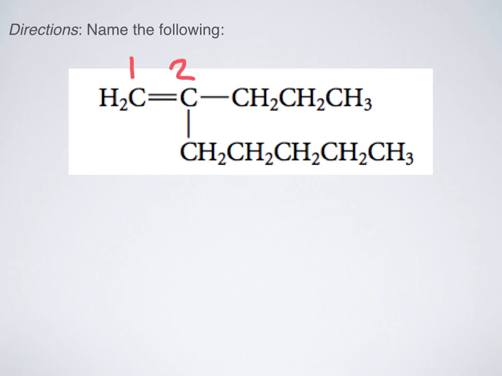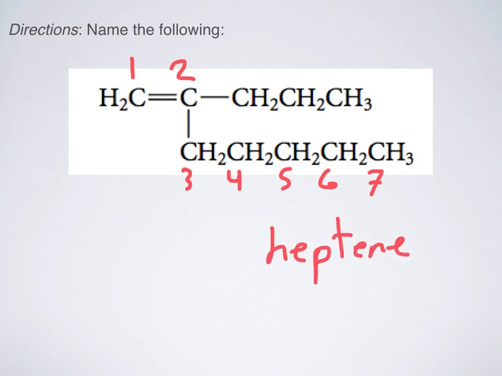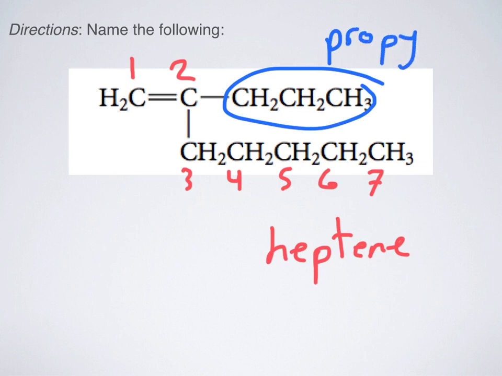1, 2, 3, 4, 5, 6, 7. So 7 is hept, and I have a double bond, so that would be heptene. Now I have to worry about all of my side chains. I have this side chain. We haven't seen this one very often. That is a propyl group, and that's at carbon 2.